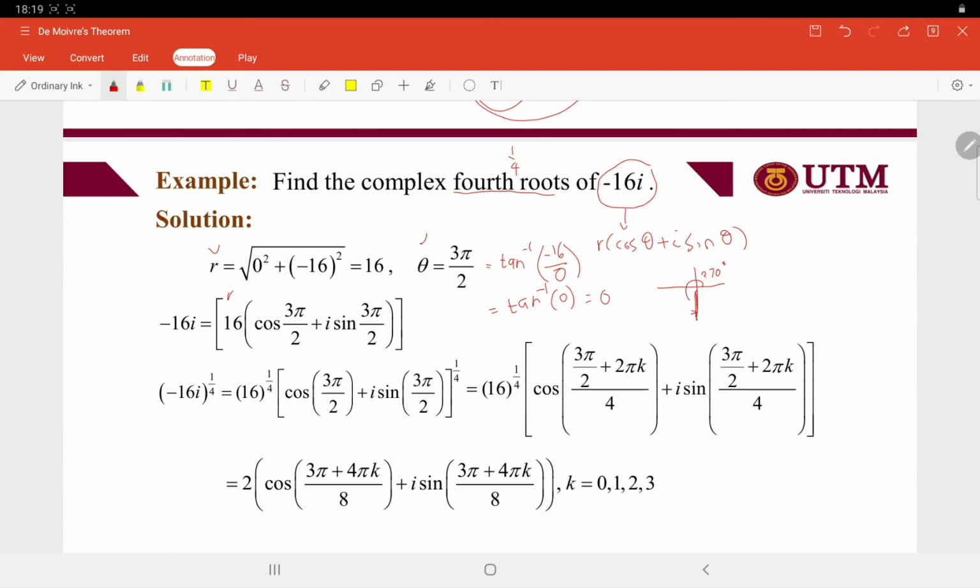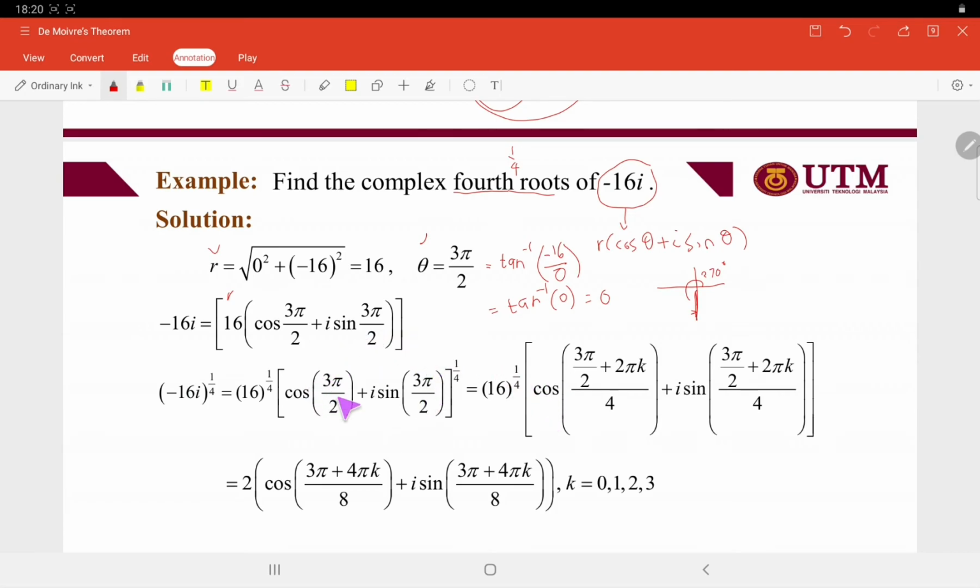So it means negative 16i raised to the power of 1 over 4 will be equal to 16 to the power of 1 over 4, times cos 3 pi over 2 plus i sin 3 pi over 2, to the power of 1 over 4. So now we change this.